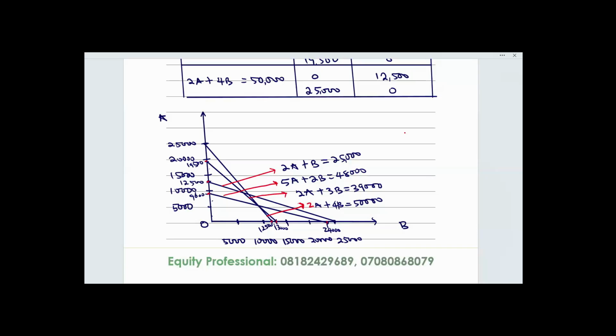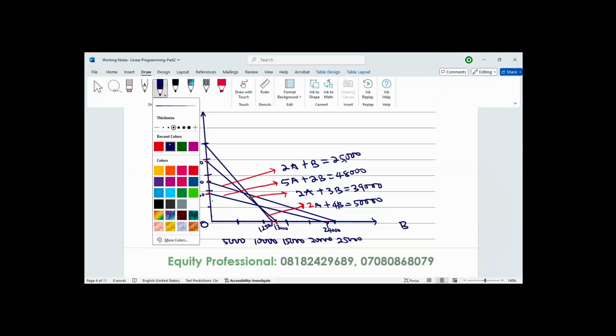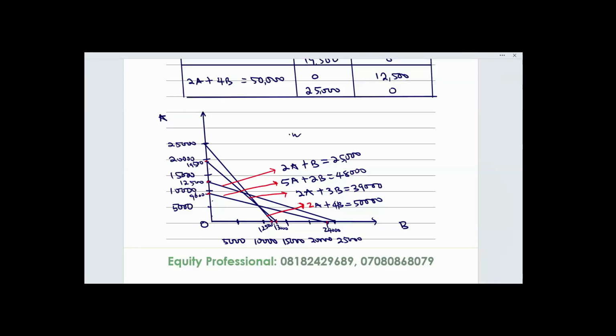Now, at this point, you need to find the point of intersection between A and B. When you are maximizing contribution, let me return to blue color. When you are maximizing contribution, your feasible region will be internal towards 0. In this question, we are maximizing contribution. So you need to find the point of intersection internal towards 0.